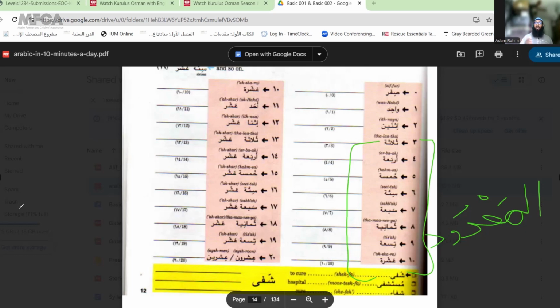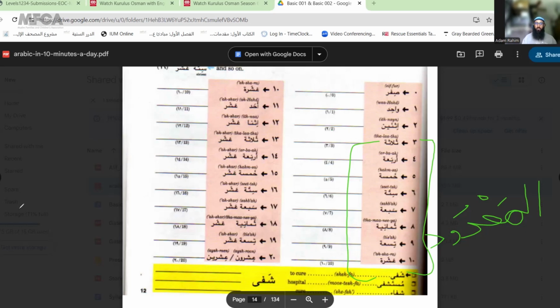Okay, so that's how you're able to understand. But if I said kutubun, which means books, the plural, the jam', then you have no idea. 3 books, 4 books, 5 books, 10 books, etc. So that's why wahid and ithnan do not need al-ma'dud.